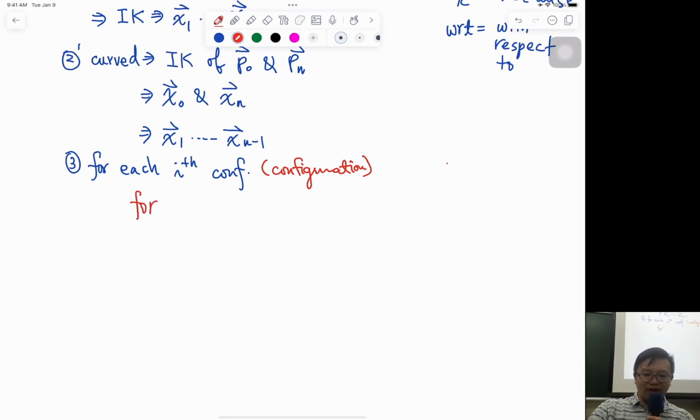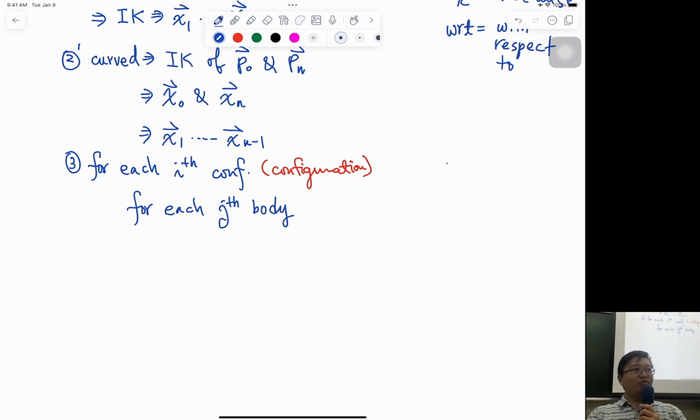For the ith one, you need to do basically another for loop for each of the bodies. The jth body, we already simplified the body into cylinders, okay?